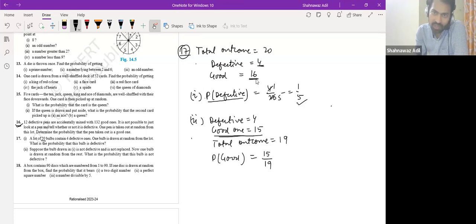So from 16 you have taken out one, so then you have 15 good bulbs and 4 defective ones. So total outcome is 15 plus 4, which is 19, right? And then they are asking what is the probability of good bulbs. So favorable is 15 and total is 19. Clear?